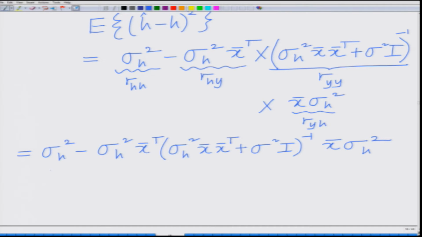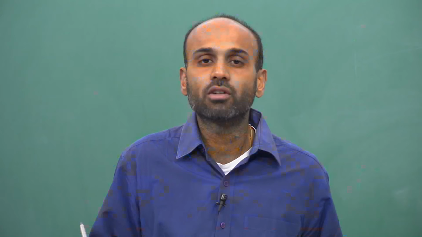Okay. So, this is your MMSE. So, this quantity is basically your MMSE, that is the minimum mean squared error for the estimation of the channel coefficient H.